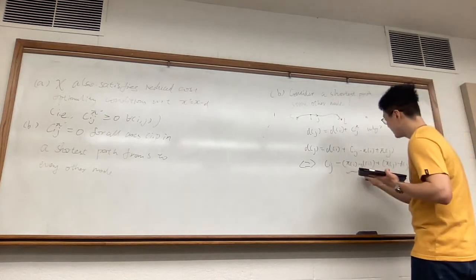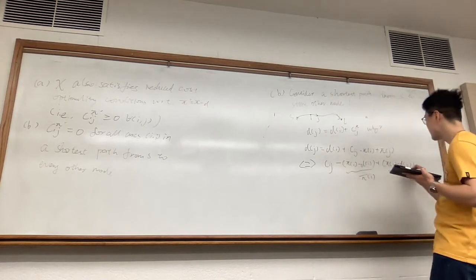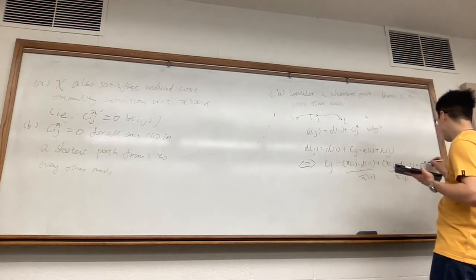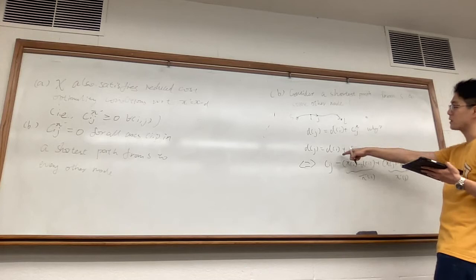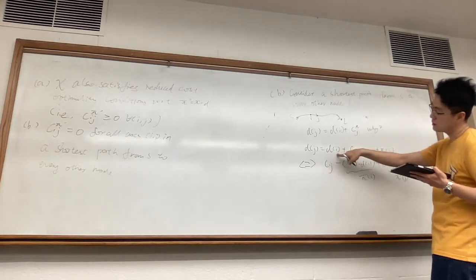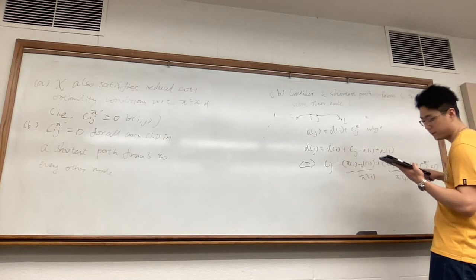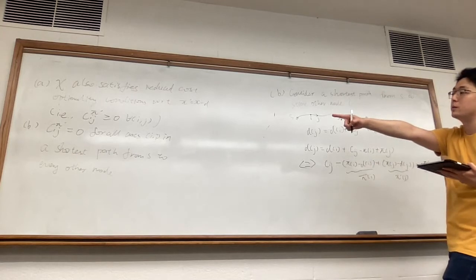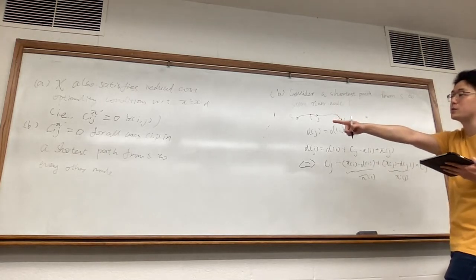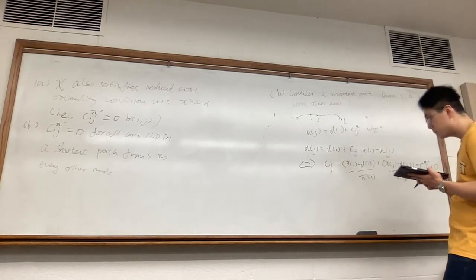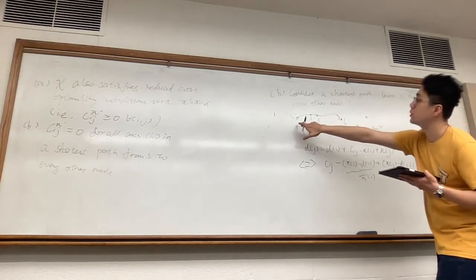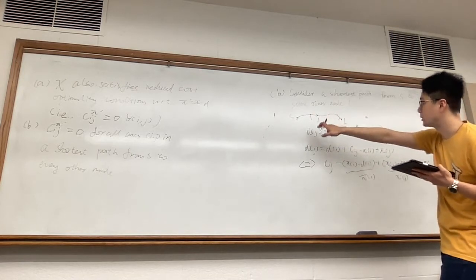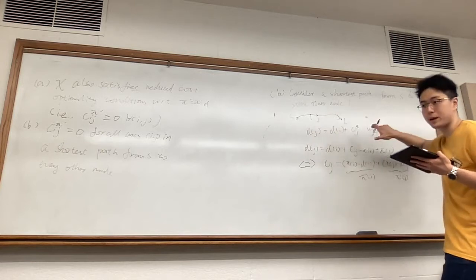What is this? This is pi prime I, and this is pi prime j. This is equal to Cij pi prime equals 0. Just one step from this to this. So this is equal to 0. Then we have shown part B. Part B says that Cij pi prime equals 0. But this is just on the shortest path from S to some node L, and we are discussing Ij on this shortest path.